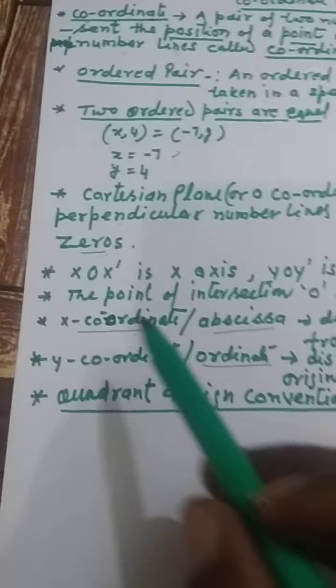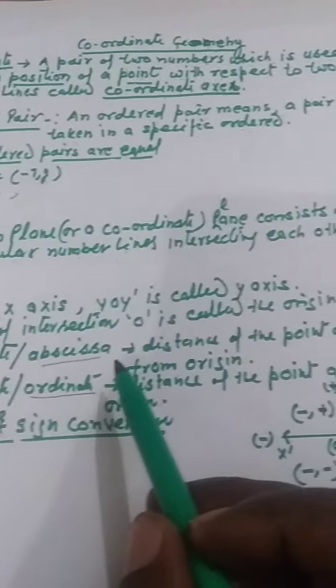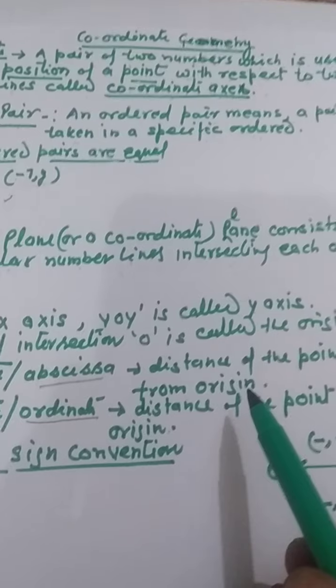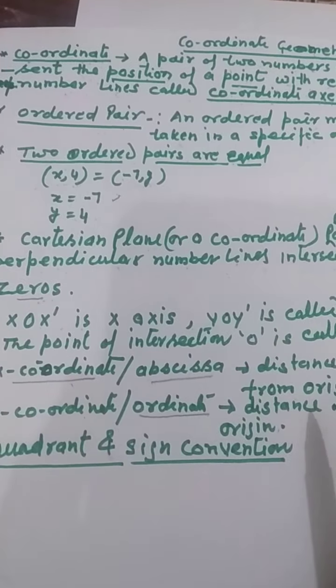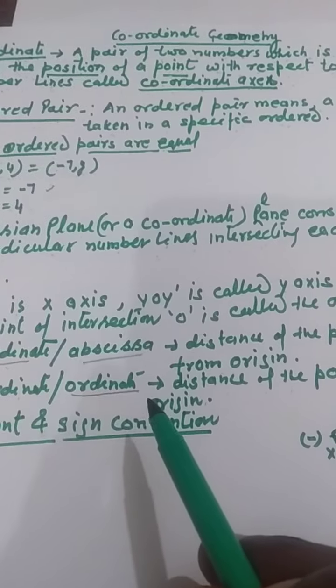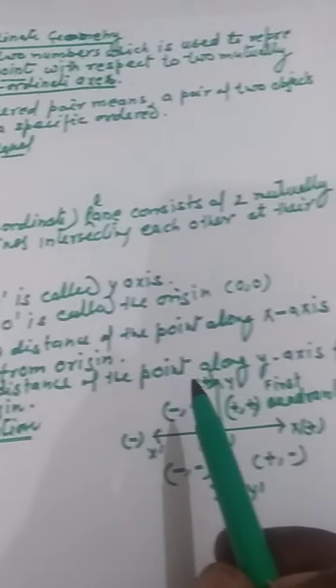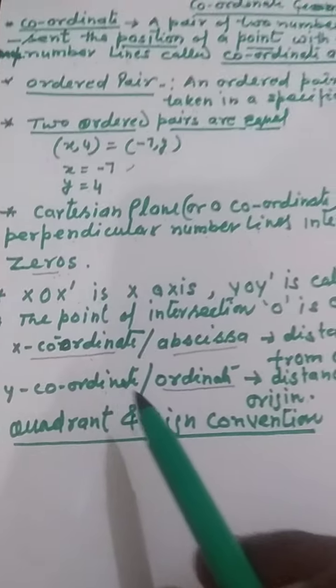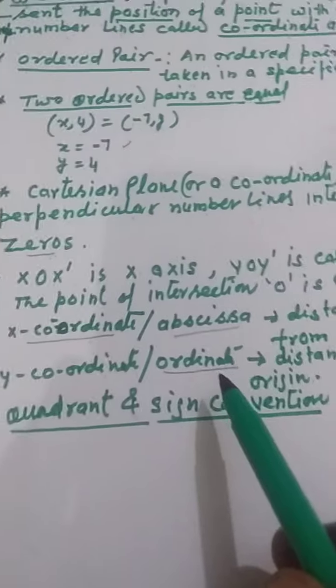Here I have written on this text page. See, x coordinate or the abscissa: the distance of the point along the x-axis from the origin is known as the x coordinate or abscissa. Y coordinate or ordinate: the distance of the point along the y-axis from the origin is known as the y coordinate or ordinate.